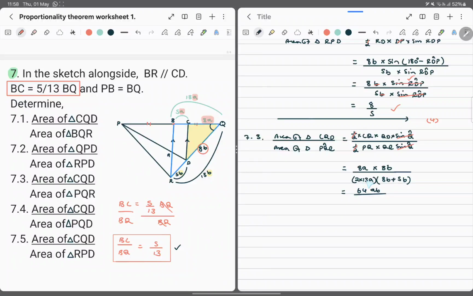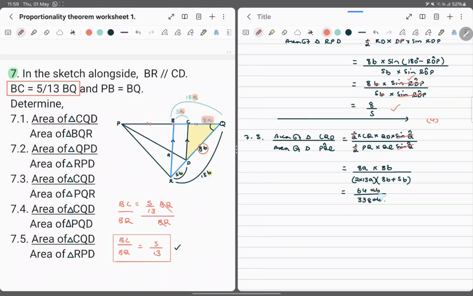Yeah, this is 26 times 13, right? Which gives us 338AB. Okay, because those ones are not the same. So this is 26 times 13, and then that's it.